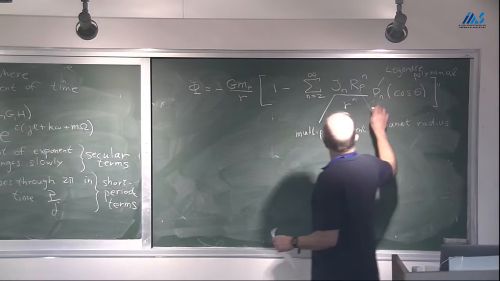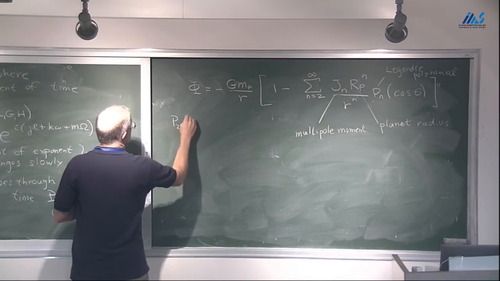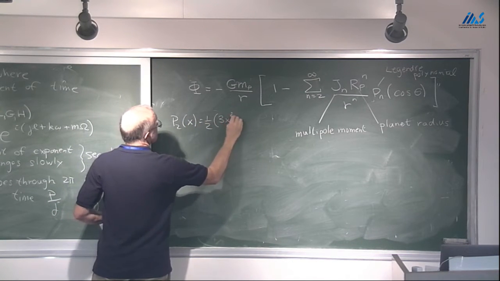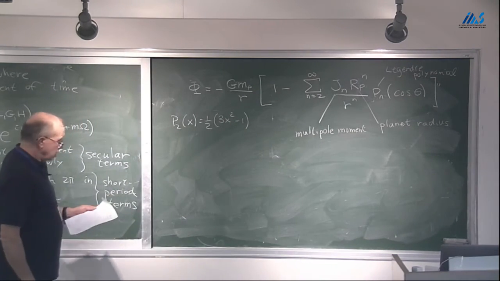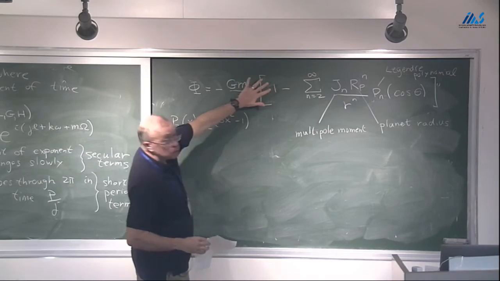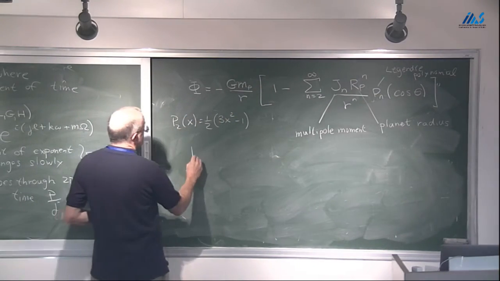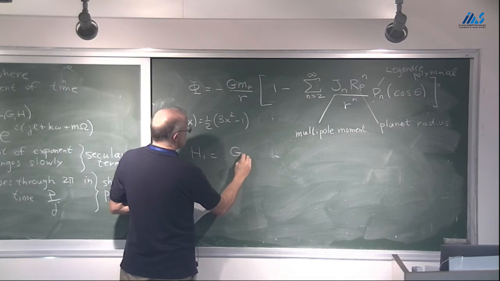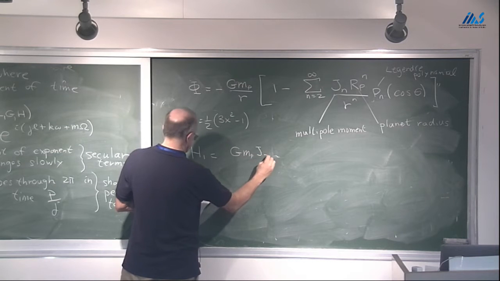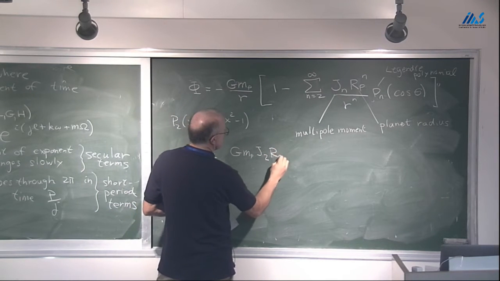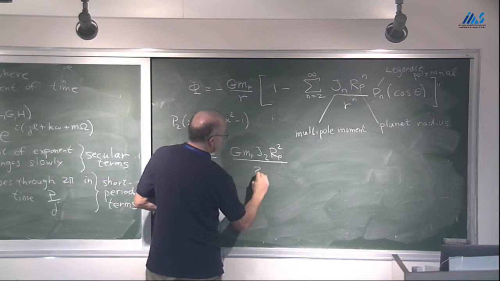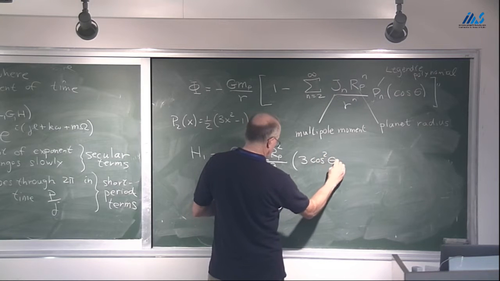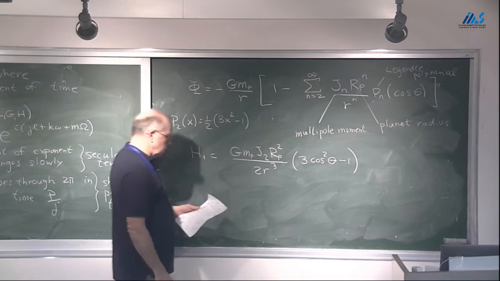And then since P2 of x is 1/2 (3x squared minus 1), and since the first term is the unperturbed Kepler Hamiltonian, I can write the perturbing Hamiltonian as just G times the mass of the planet times J2 times the radius of the planet squared over 2r cubed, times (3 cos squared theta minus 1).